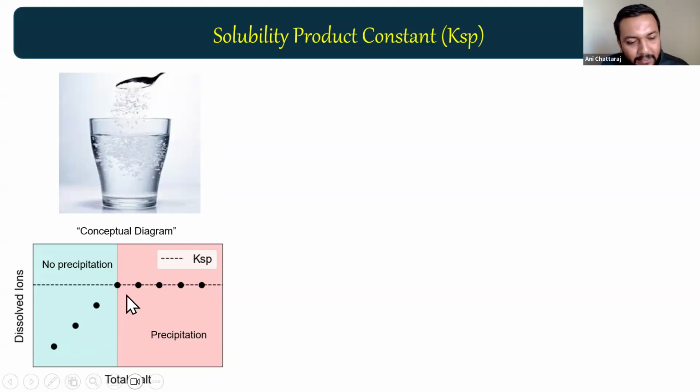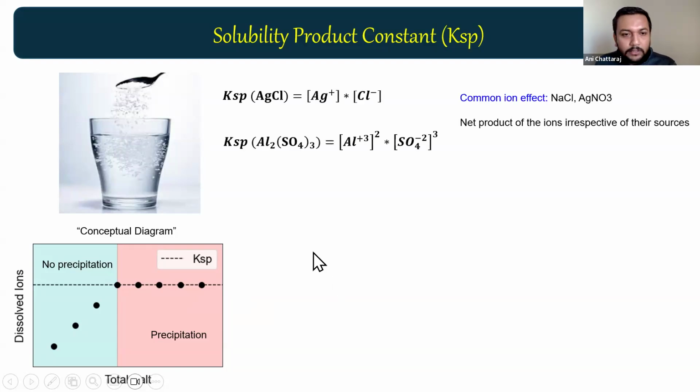So we wondered whether we can take this solubility product concept and apply it to this much more complex biomolecular system of phase transition. Again, this is the idea of KSP: if you're dealing with a salt like silver chloride, this would be the expression of KSP, the concentration of silver cation times the concentration of chloride anion.